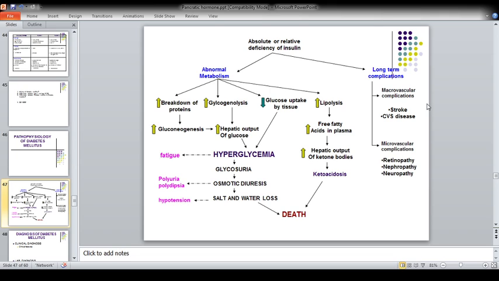In osmotic diuresis there is increased concentration of glucose in the blood. That's why blood would get hyperosmolar, more thickened.